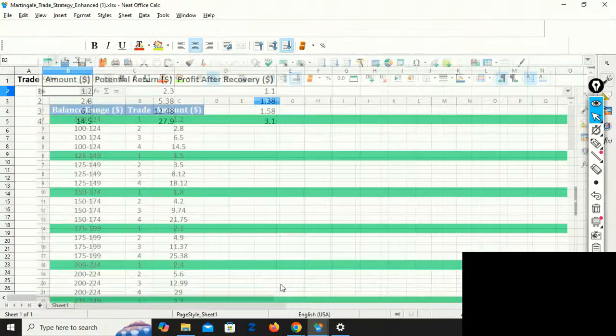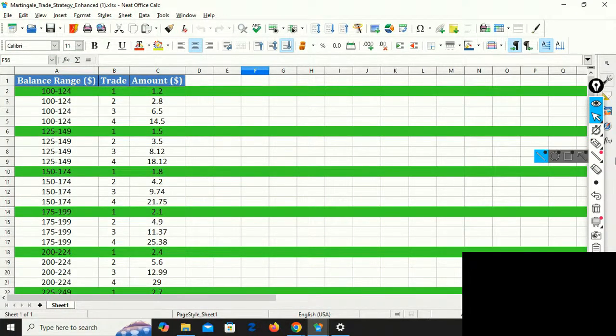Let me show you the second Excel sheet. For you to compound your profits and increase your balances safely yet at a decent speed, I've set up stages for you to increase the trade amounts.